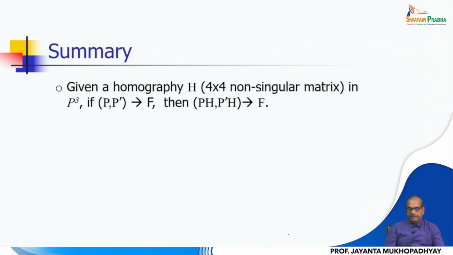So, given a homography H, a 4 cross 4 non-singular matrix in P3, if F is determined uniquely by P and P prime, then PH and P prime H also determine F. Those are also unique to PH and P prime H.